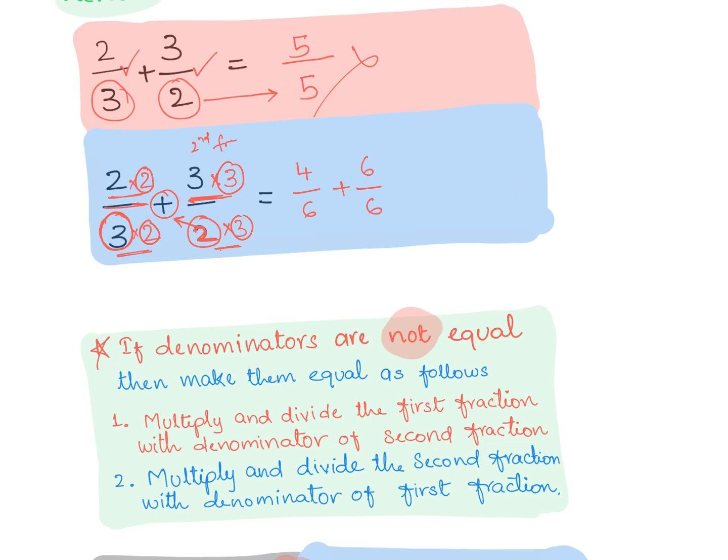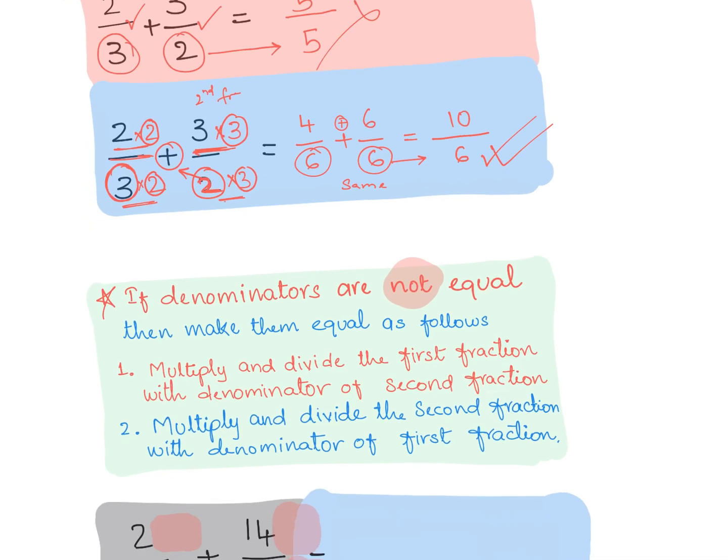So now the denominators are same. So we just write this denominator as it is, once here, and the numerators we just add them up. So 4 plus 6 is 10. So 10 by 6 is the answer.